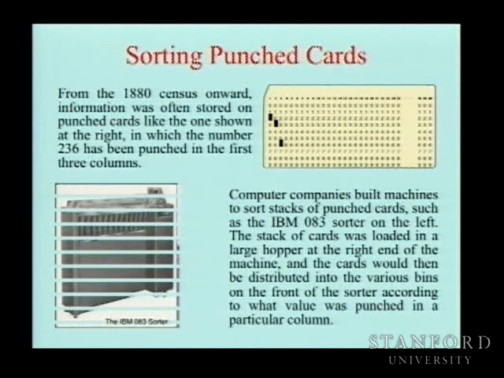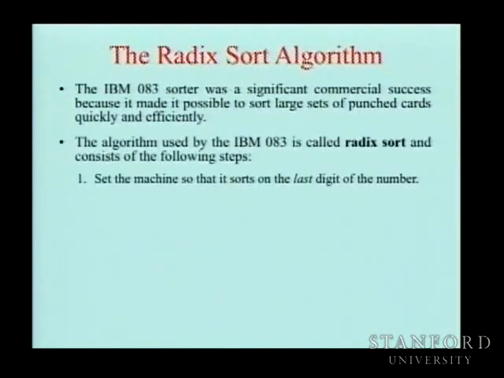Well, the basic idea with radix sort is that you would have this machine that could read the holes and sort the elements, in this case the cards, into buckets. Each one of the cards is sorted into a bucket according to the first digit of the number that it represents, right?